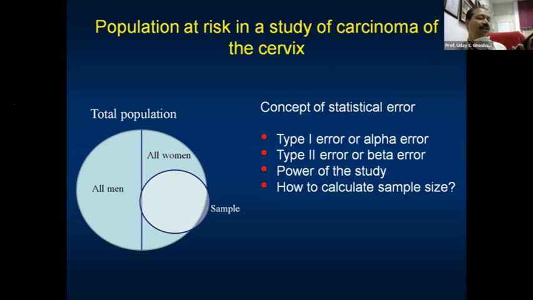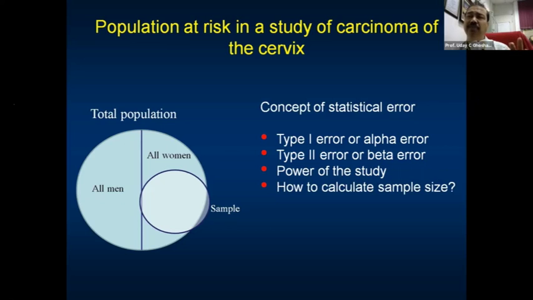Okay. So type 1 error means that there is no difference, truly, but you found a difference. And this difference is due to small sample size. On the other hand, type 2 error means that truly there is a difference, but you found there is no difference because of a small sample size.